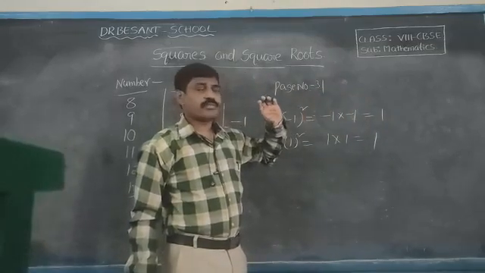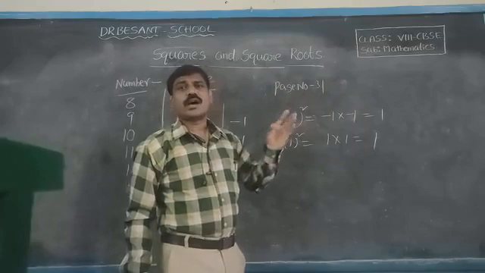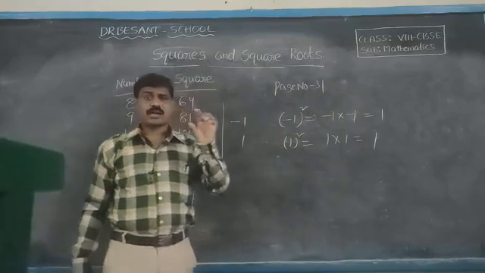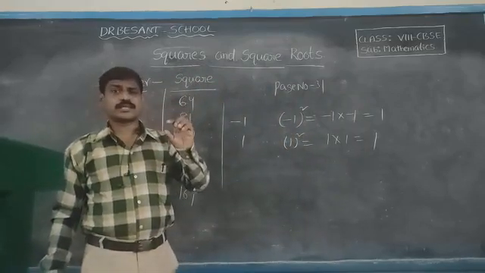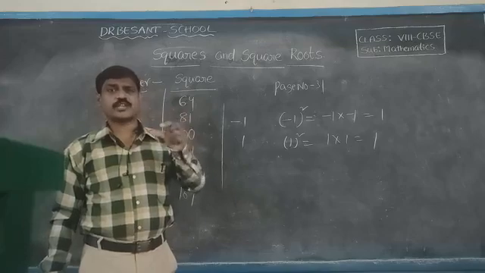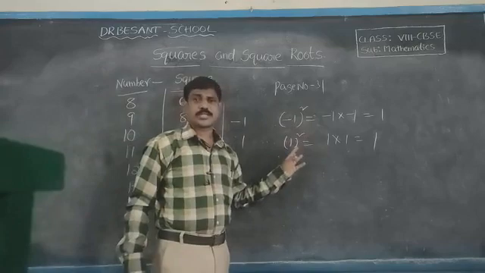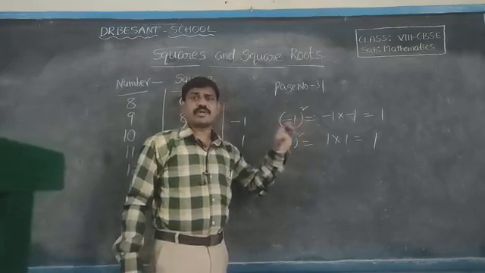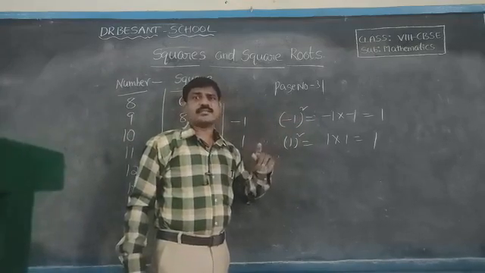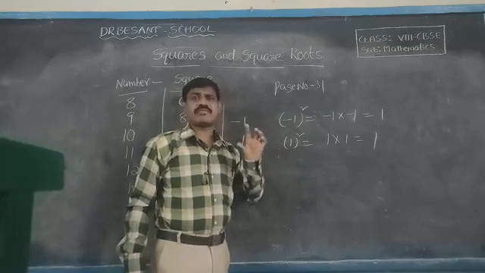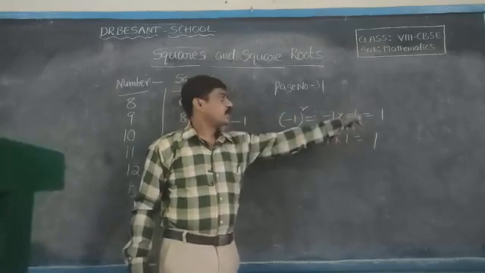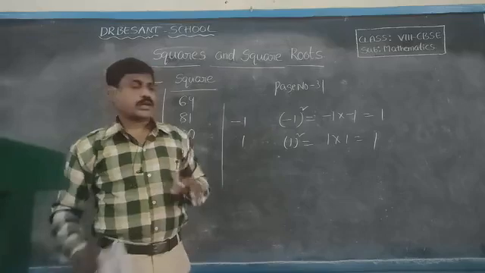So square of either negative number or positive number, square of the number is always positive. Square should be positive only. This one you can understand.